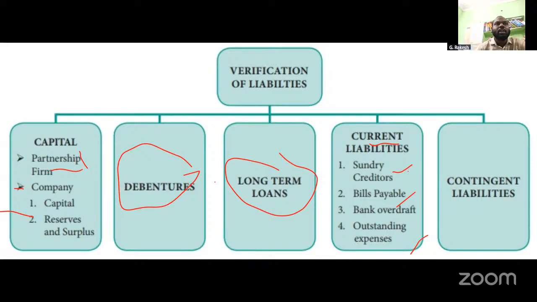How sundry creditors have been formed, how bills payable arise from bills issued by outside persons, how much time is due for payment of the bills, how these are discounted in the banks, what amount and duration of payments you have to pay, and bank overdraft and outstanding expenses we have to pay in the course of business.